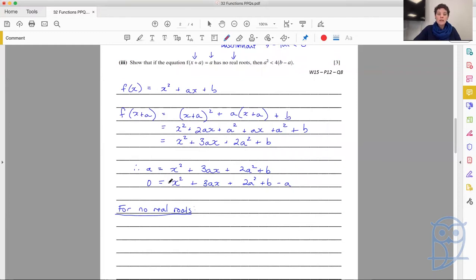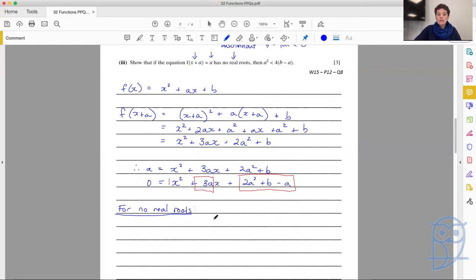So a would be 1. Our b is 3a, and our c is 2a squared plus b minus a, because all of these are constants. Okay, so when it comes to discriminant, a is the coefficient of x squared, b is the coefficient of x, c is your constant term.